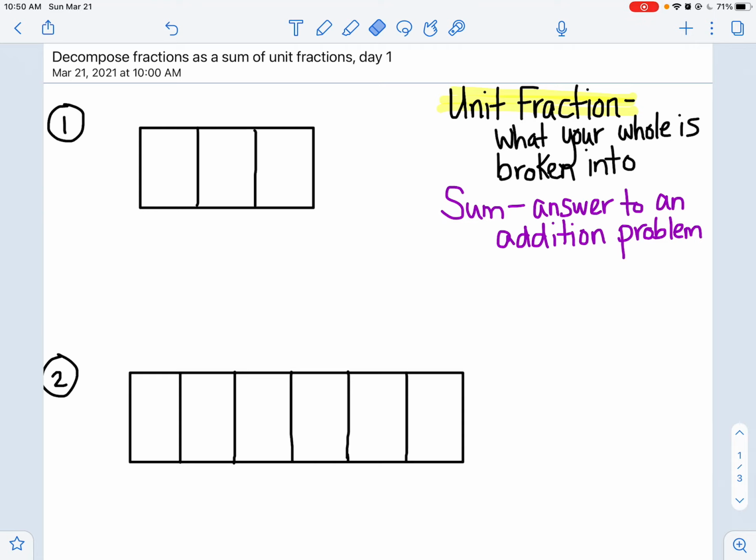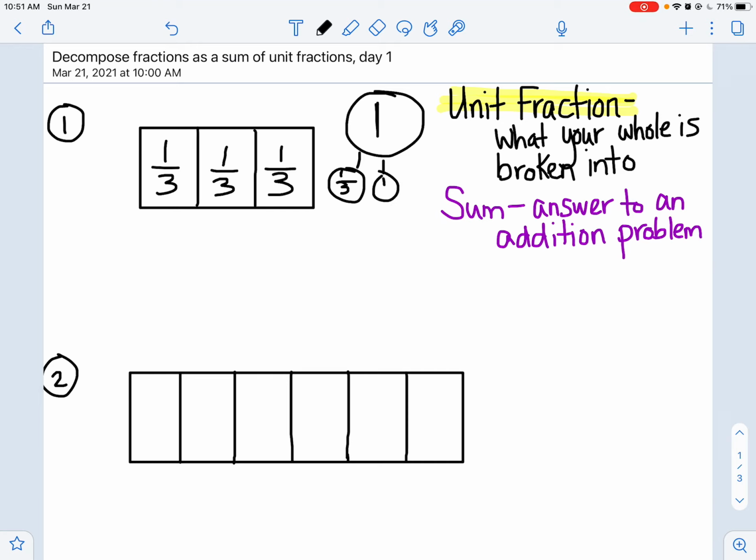Okay, so let's take a look at our first example. We have a rectangle. It's been broken into thirds, and I can label each part as 1/3 if I'd like. 1/3, 1/3, 1/3. And if I want to show this as a number bond, I can say that I have one whole, and it's broken into 1/3, 1/3, 1/3.